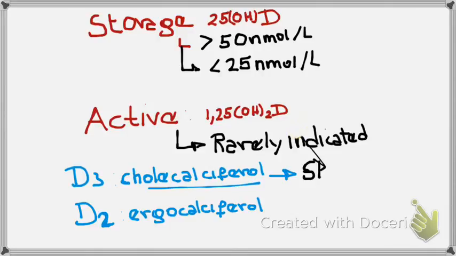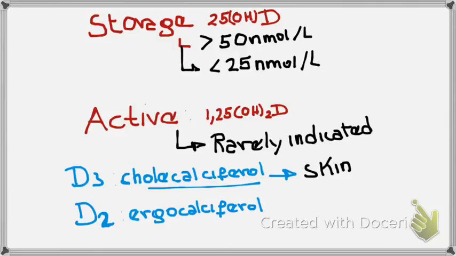I'm going to write all of this again. So here we say rarely indicated, and here we said that the D3 is synthesized in the skin. Meanwhile, the D2, the ergocalciferol, is ingested in food.